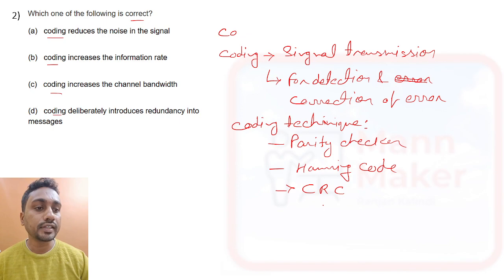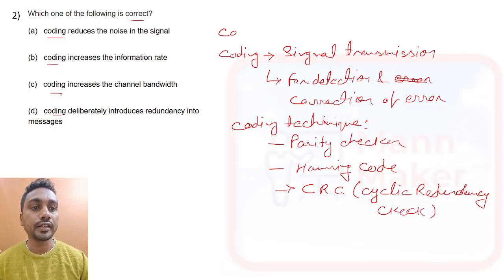CRC means cyclic redundancy check. So these are the three coding techniques we are using for detection and correction of errors in signal transmission.